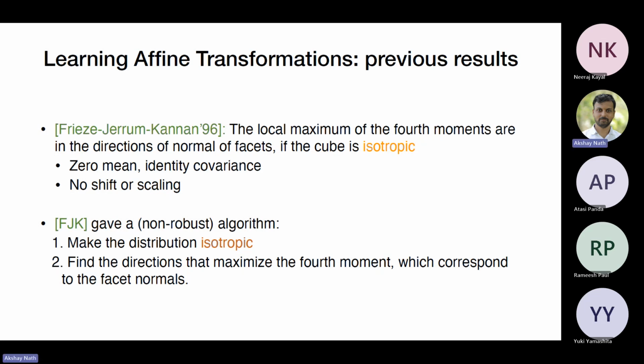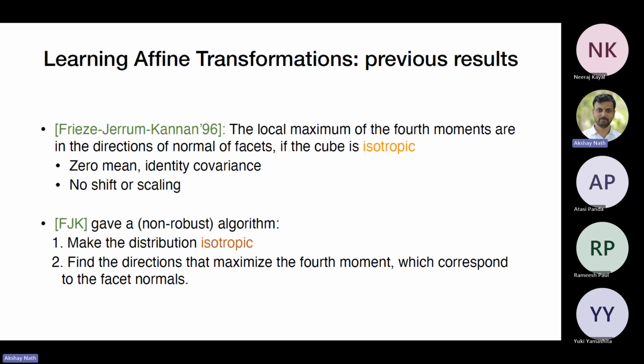So you say the cube is isotropic, the transformed cube, yes. It means we make it have no shift or scaling, just rotation. So it says that we can learn the rotation by finding the local maxima of the fourth moment.